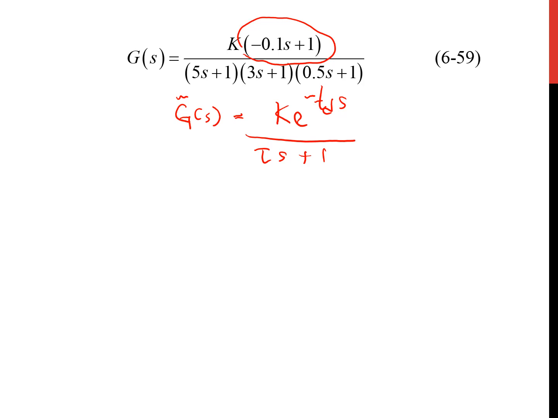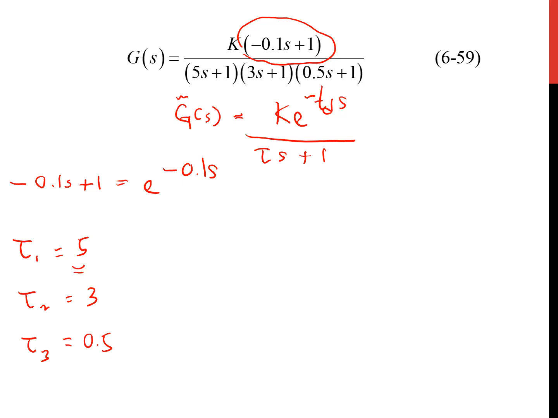That means negative 0.1s plus 1 becomes the exponent negative 0.1s. Here you have 3 time constants: tau 1 equal to 5, tau 2 equal to 3, tau 3 equal to 0.5.